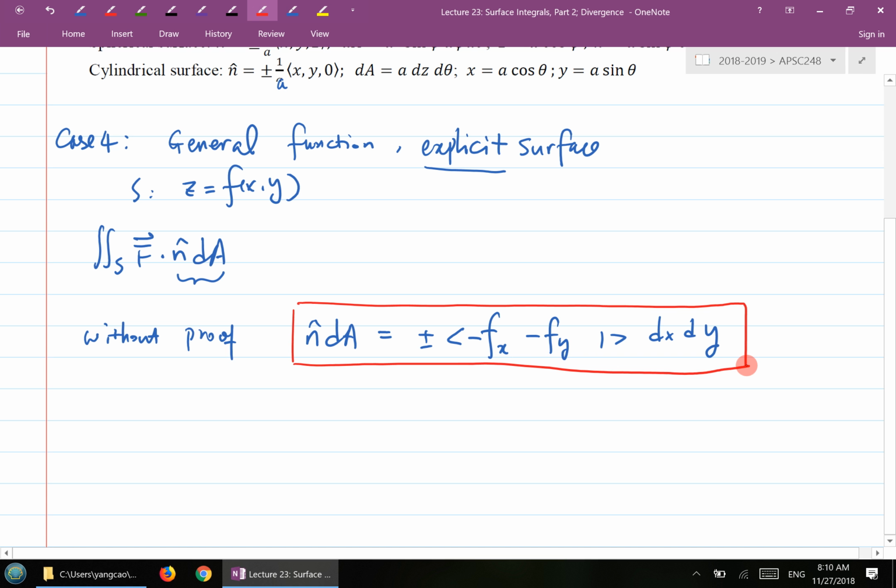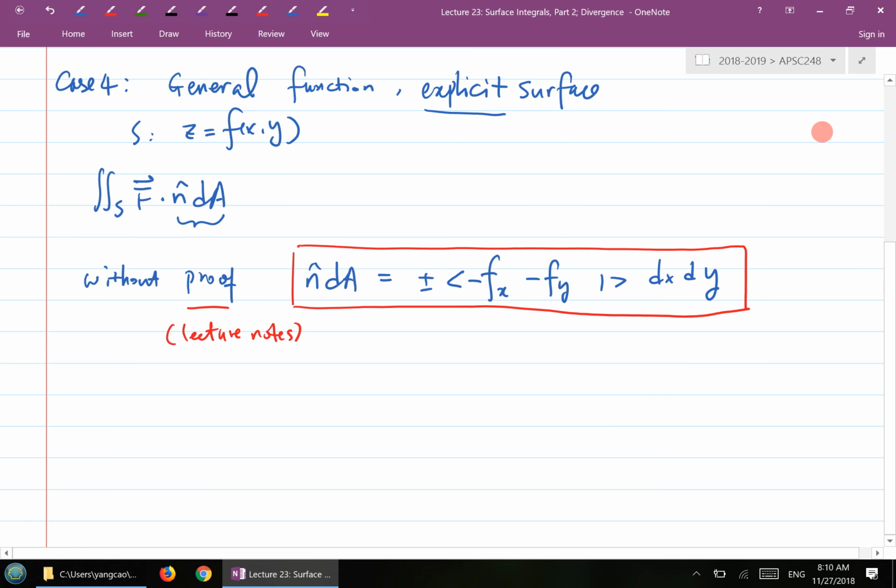It's actually not too complicated. Let's go back to the formula here, and I'll give you a not so rigorous demonstration of where it's from. It's not a proof, but a sort of demonstration.